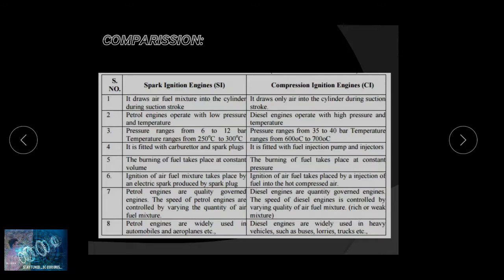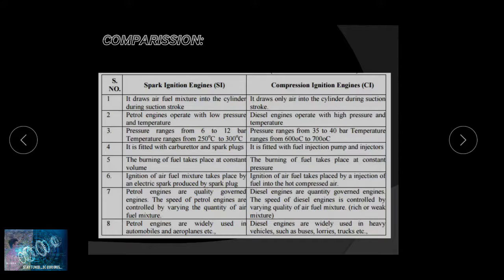This is a small comparison of SI and CI engines respectively. SI engine draws air-fuel mixture into the cylinder during suction stroke. CI engine draws air only into the cylinder during suction stroke. The petrol engines operate with low pressure and temperature in contrast to the diesel engines operated with high pressure and temperature.